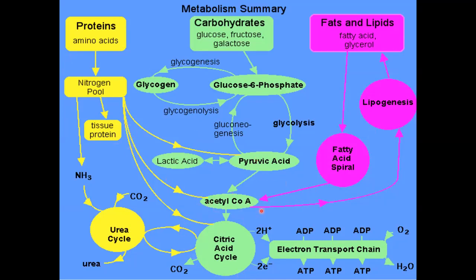But look, they don't all just end at the ETC. There's an arrow going back this way. We get storage, so we can store things as glycogen a little bit, but everything can move up here to fats and lipids. And that's the problem we're seeing in this day and age, is everything ends up here when you have more than you need.